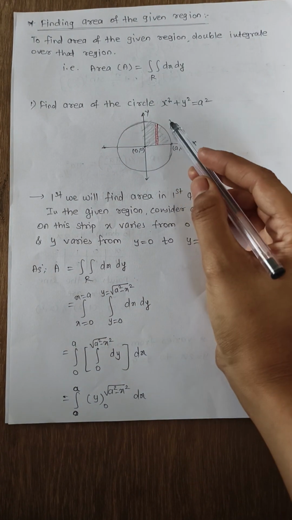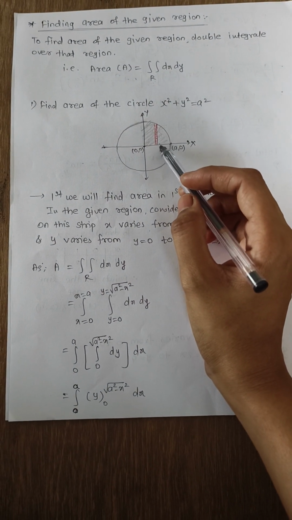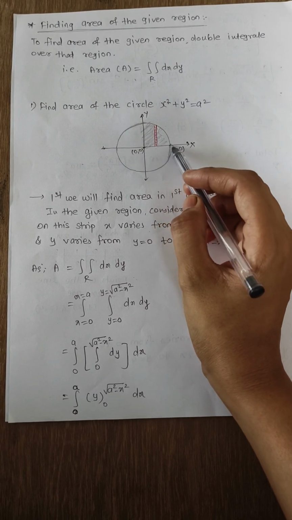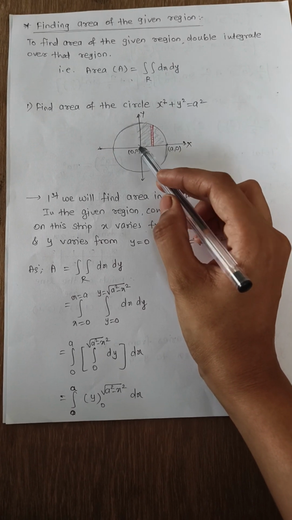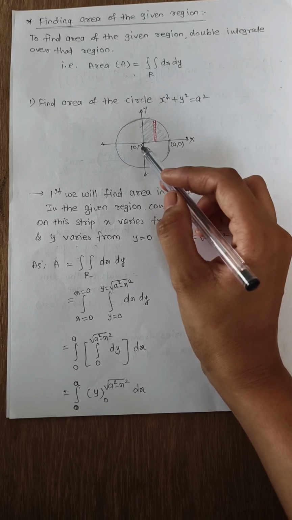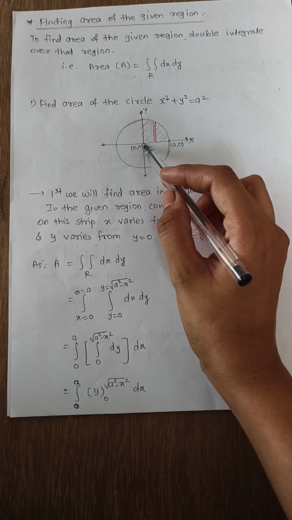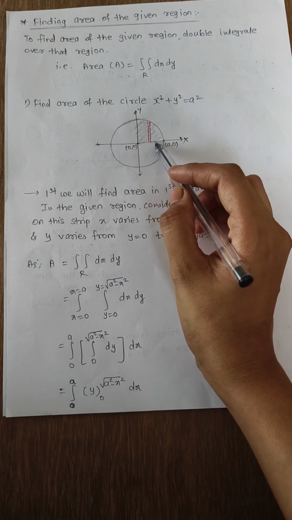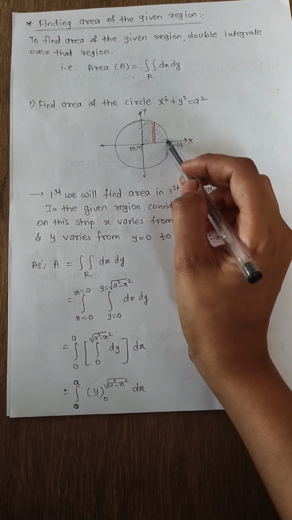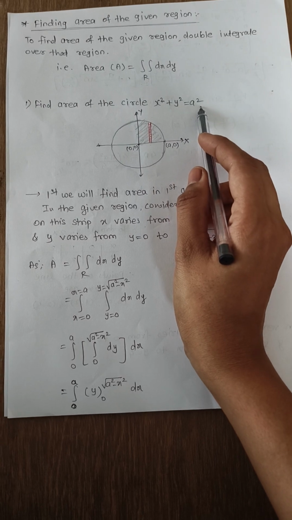Now to find the limits of the variable y, look at the ends of this strip. The lower end is on the x-axis. The x-axis is nothing but y equal to 0, so from here you get one limit for y: y equal to 0. The upper end is on the circle. The circle's equation is x square plus y square equal to a square.